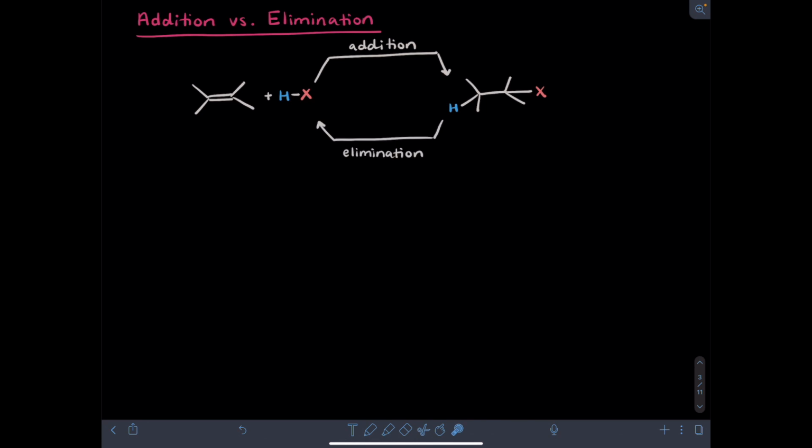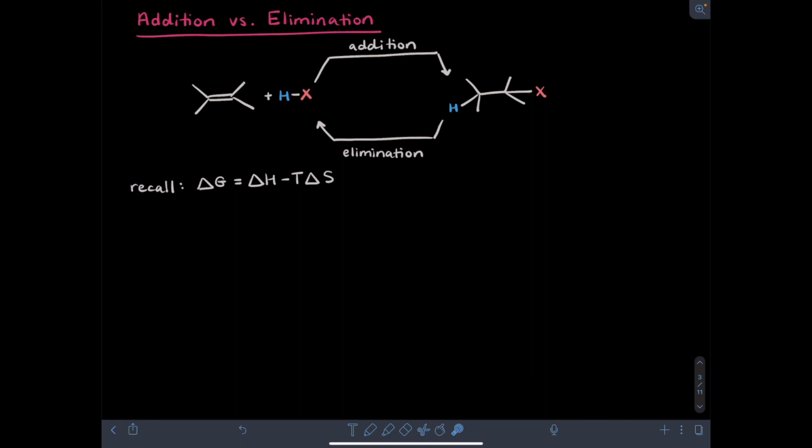In contrast, elimination would look like starting out with our substituted product. We've previously seen alkyl halides for this, where X is a halide, and elimination is the loss of H and X and formation of a pi bond to create an alkene.